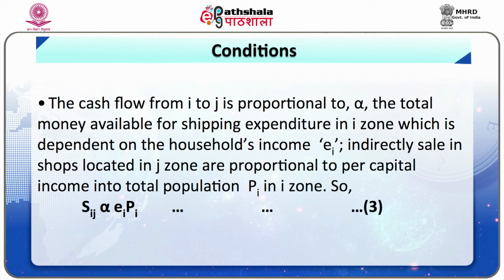Indirectly, sale in shops located in j zone are proportional to per capita income into total population, Pi, in i zone. So, Sij is proportional to Ei Pi, this is equation 3.